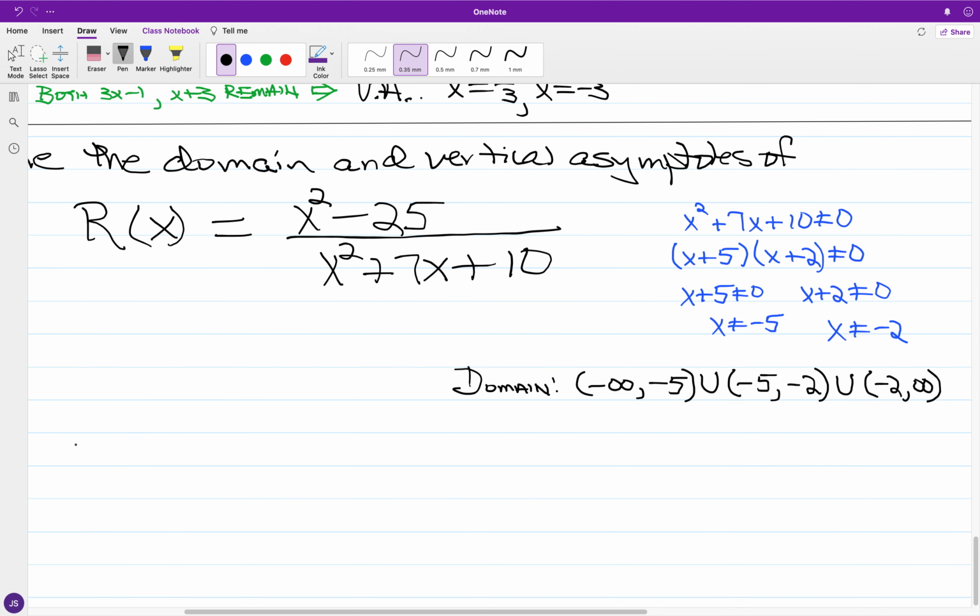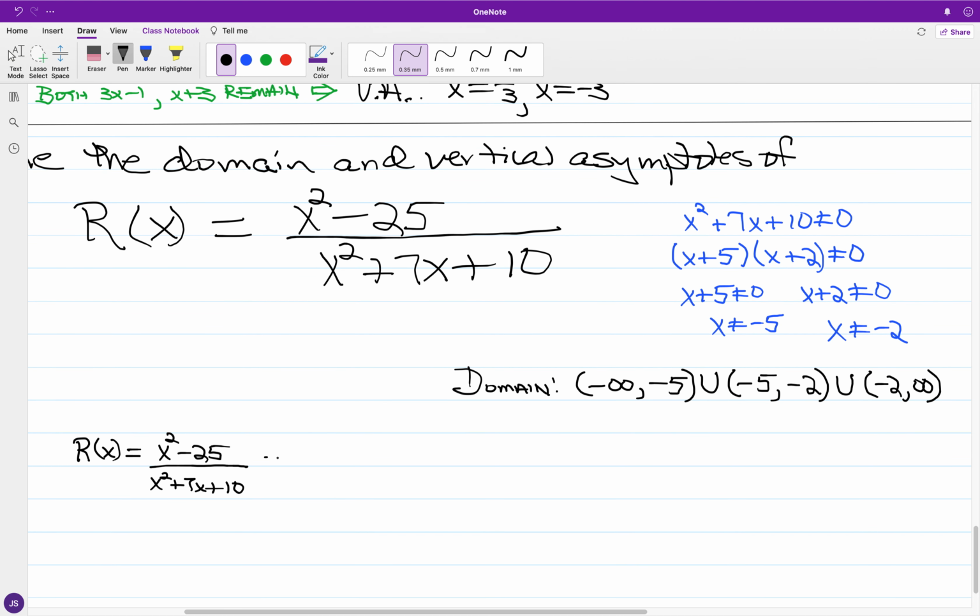Now, for the reduction of this rational function expression, kind of like the very early problems, the numerator consists of a difference of squares.